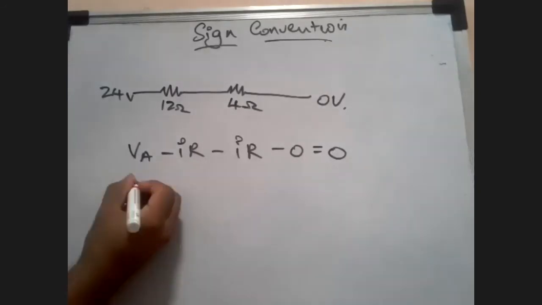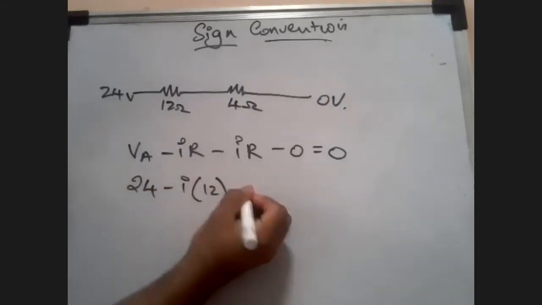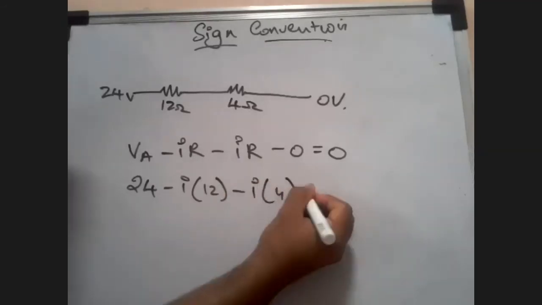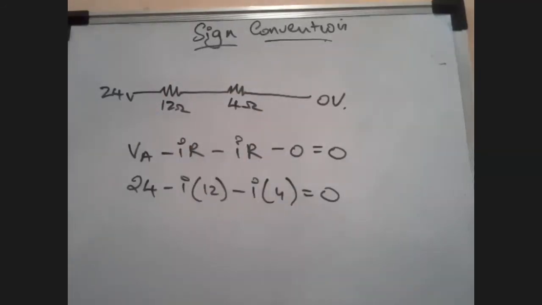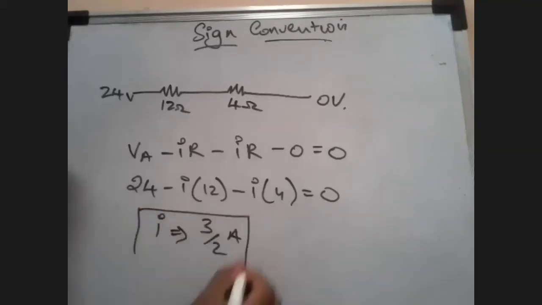So VA, that is 24, minus I times 12, minus I times 4, equals 0. What do you get I to be equal to? 3/2 ampere. I is equal to 3/2 ampere.